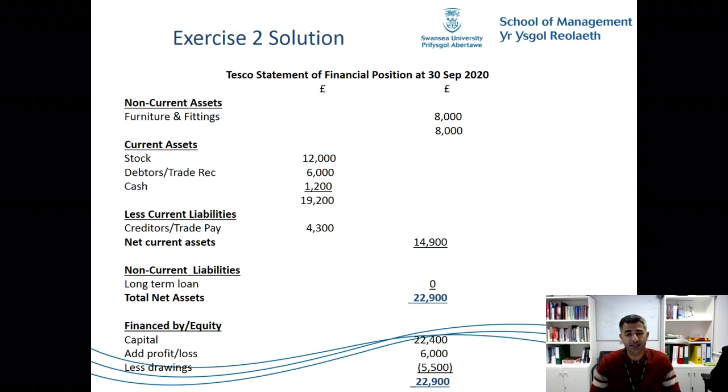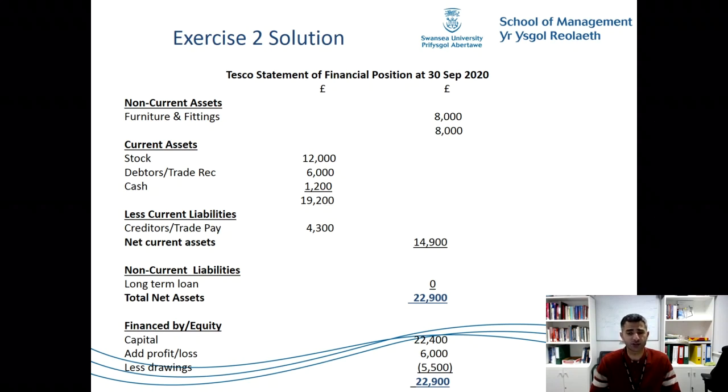The £6,000 came from the first statement we did, the statement of profit or loss. When we prepared the statement of profit or loss, we reached £6,000 as net profit, and we need to add it here.